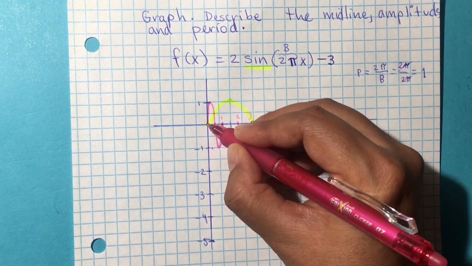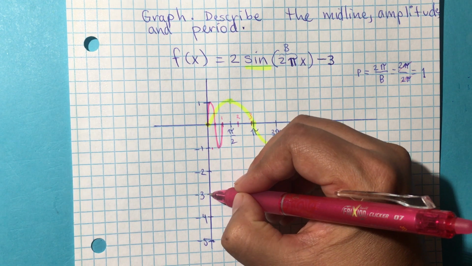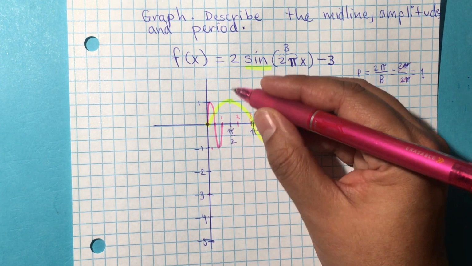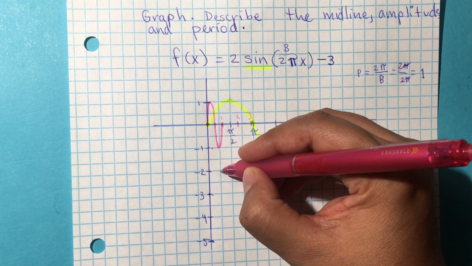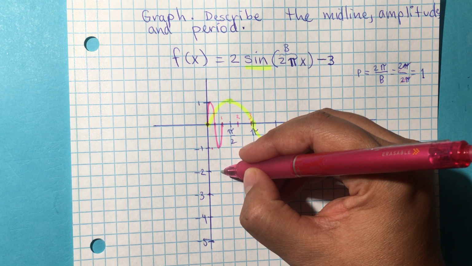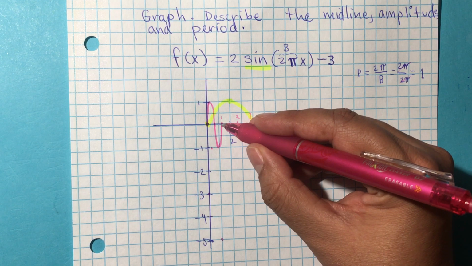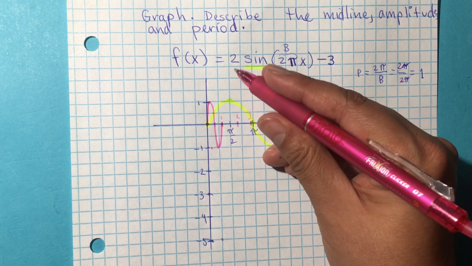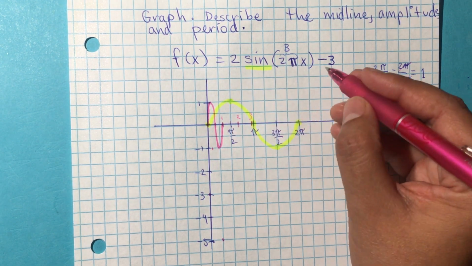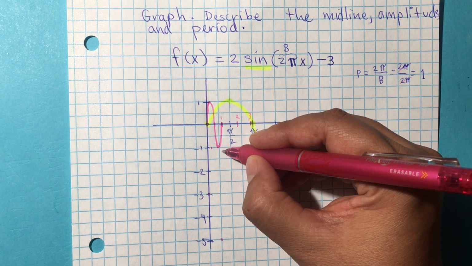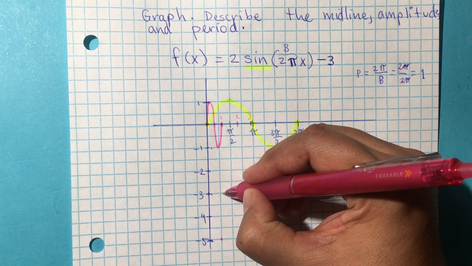And then I just move it 3 spaces down. So 1, 2, 3. This one is -1 times 2 is -2, and then move it 3 spaces down, so it's 1, 2, 3 right there. And then this is 0 times 2 is 0, minus 3 is 1, 2, 3 right there.